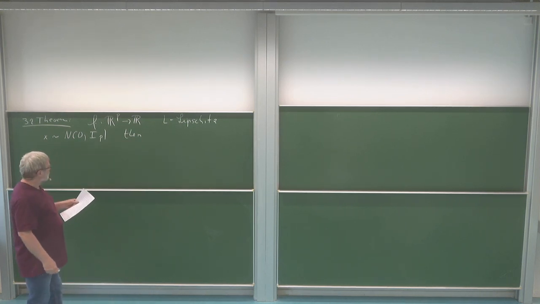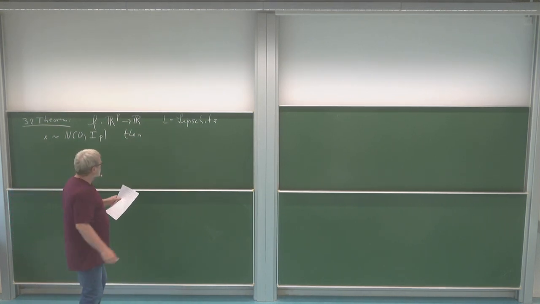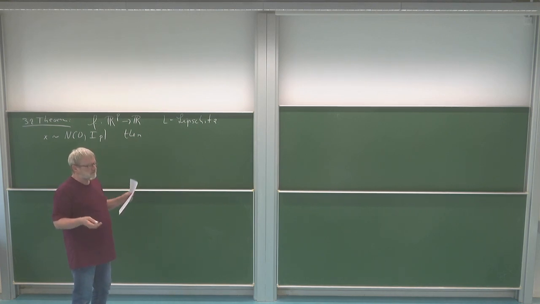Then we want to prove that large deviations of the value of the function from its mean are somehow small.